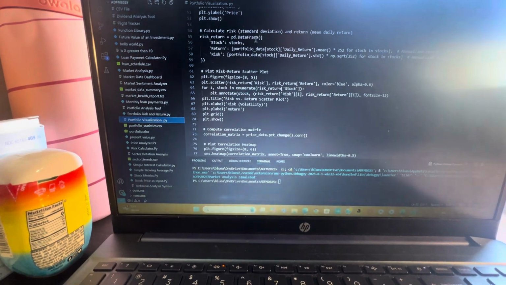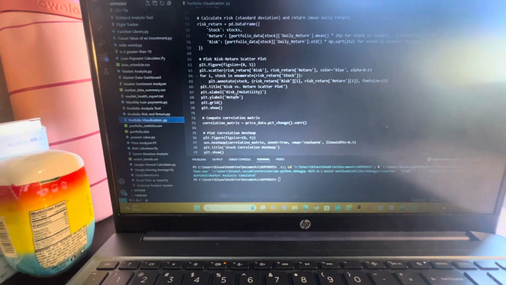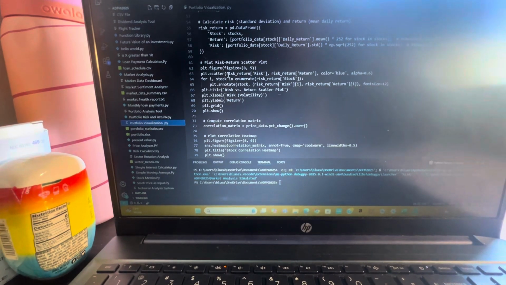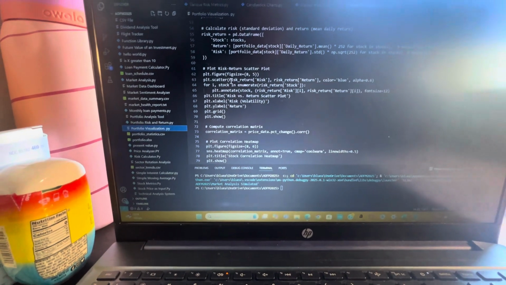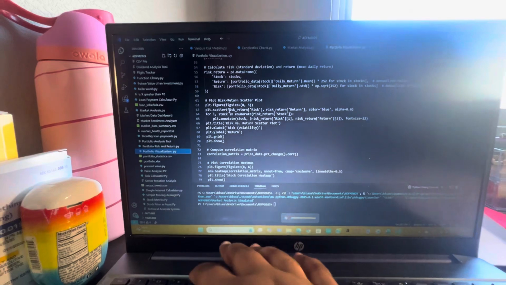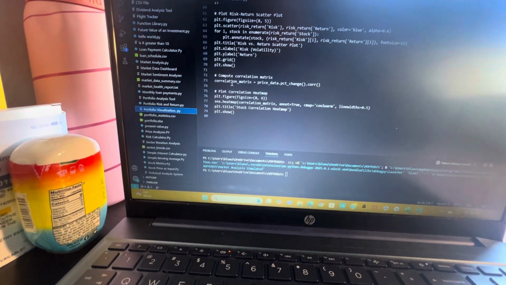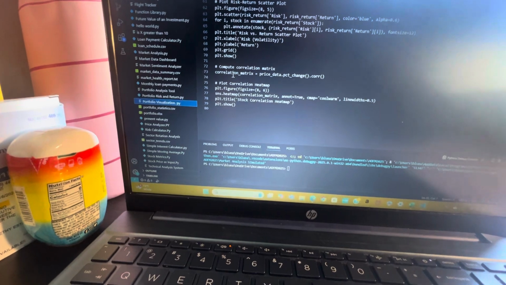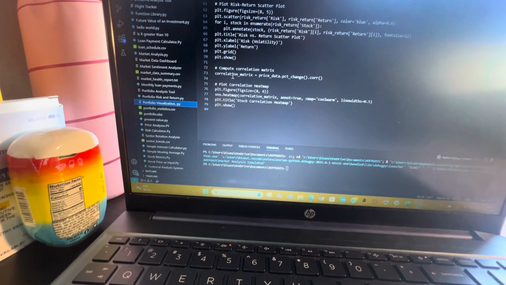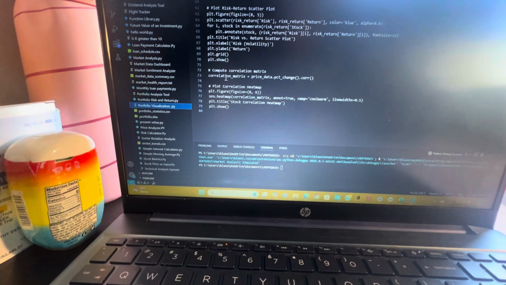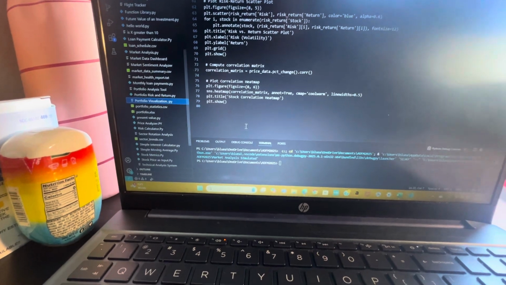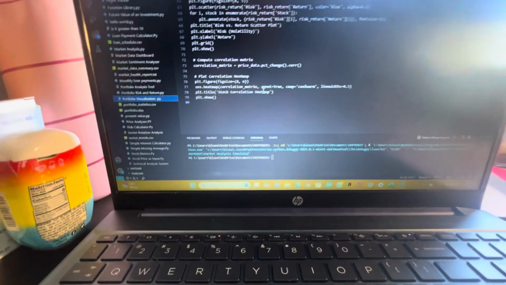Then lines 60 through 70 are plotting those calculated metrics. Then lines 72 through 73 are computing the correlation metrics, and then lines 75 through 79 are plotting that correlation heat map, and that's the end of your code.